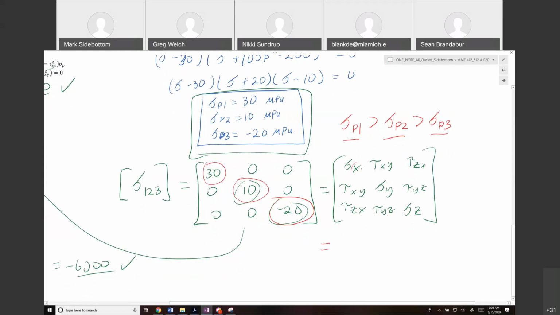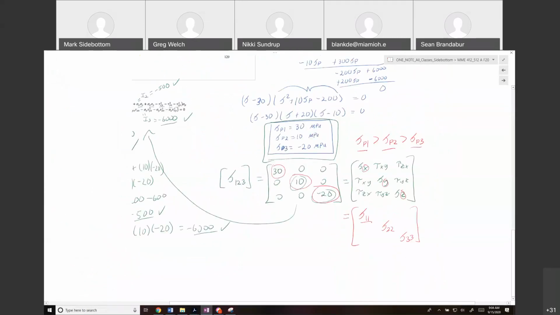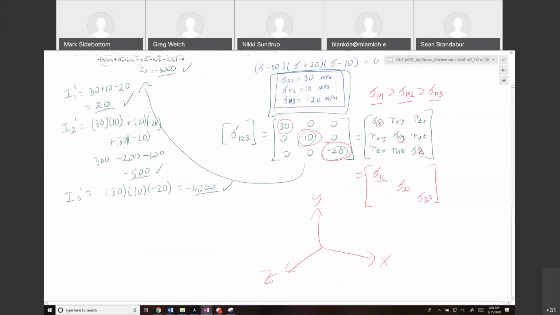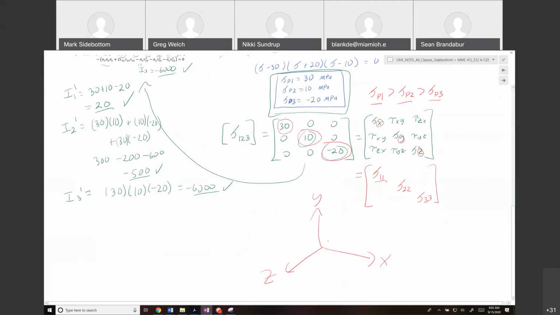So this X, Y, and Z corresponds to the sigma 1 axis, the sigma 2, and the sigma 3. Basically we start with an XYZ coordinate system, and to get to our principal coordinate system, we'd have to rotate our coordinates in some way.